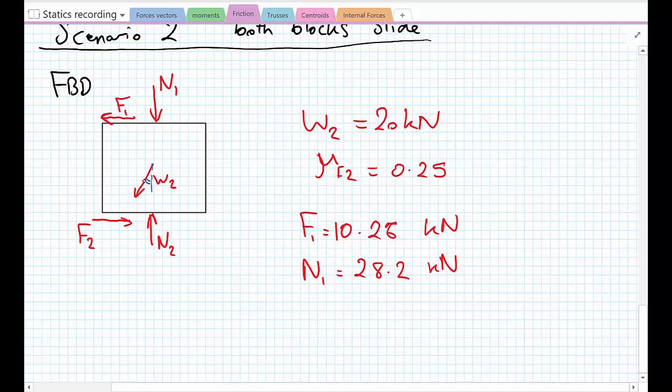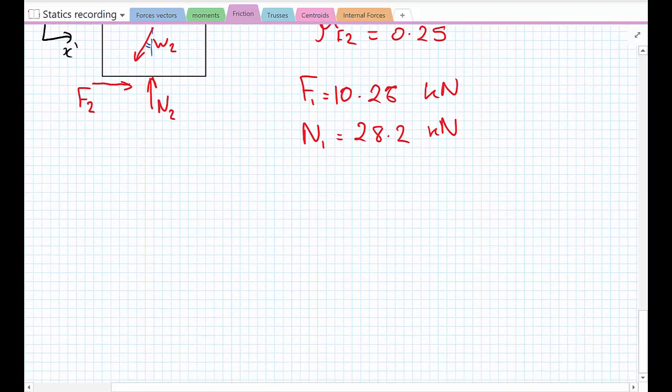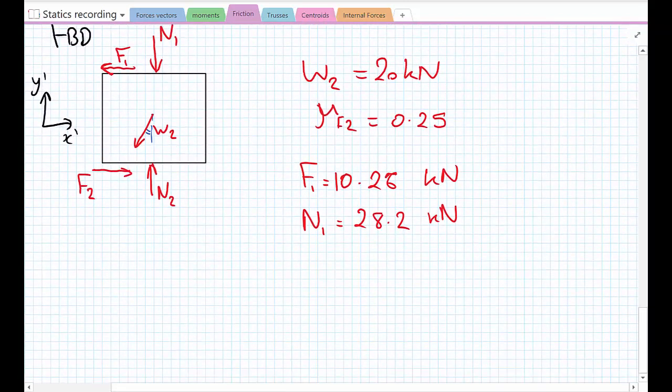We can go about writing some of the forces in the directions, and again we are in these rotated coordinate axes x dash and y dash. So let's write down the sum of the forces in the y dash direction.